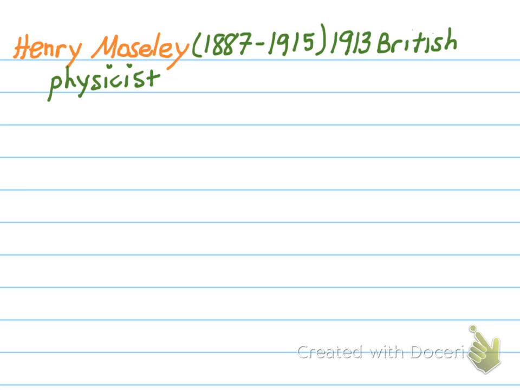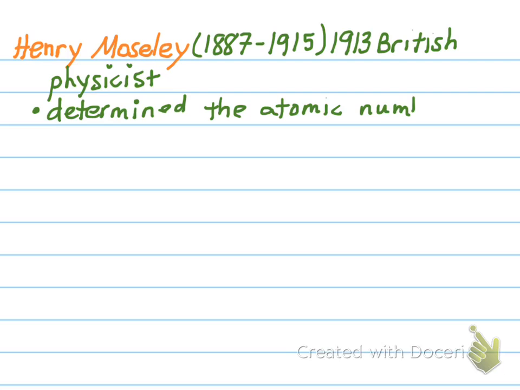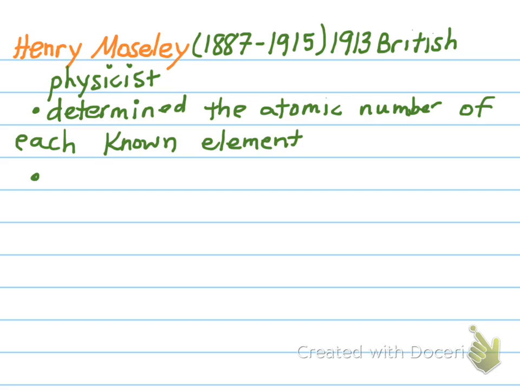So Moseley determined the atomic number of each known element. He decides that that's actually a better way to put the periodic table in order.